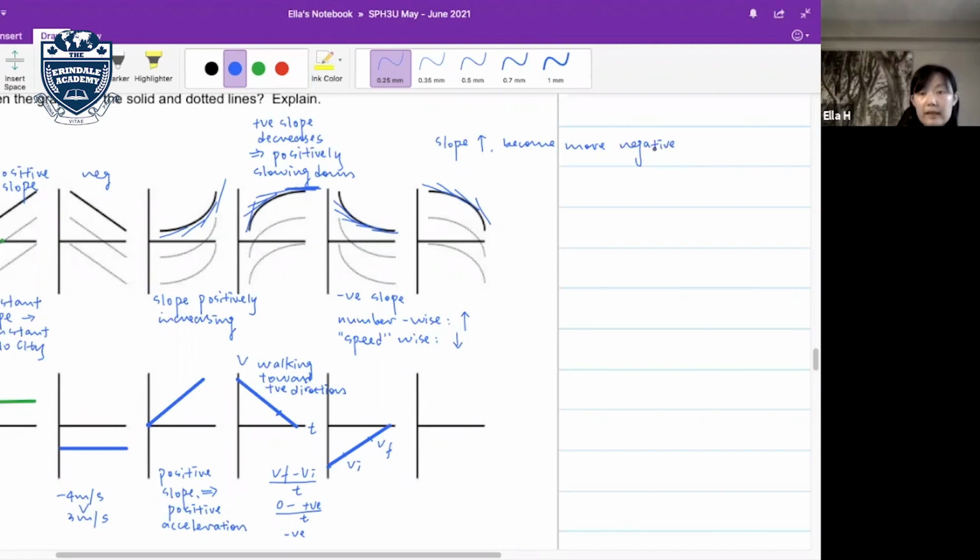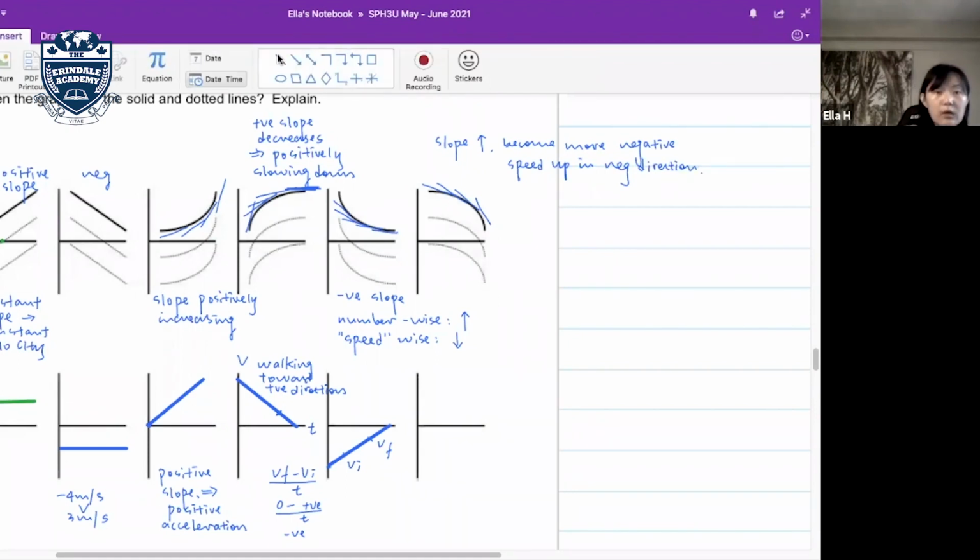So more negative actually indicates speeding up. It actually indicates speeding up in negative direction. In a negative direction. So therefore, our curve is gonna look like this.